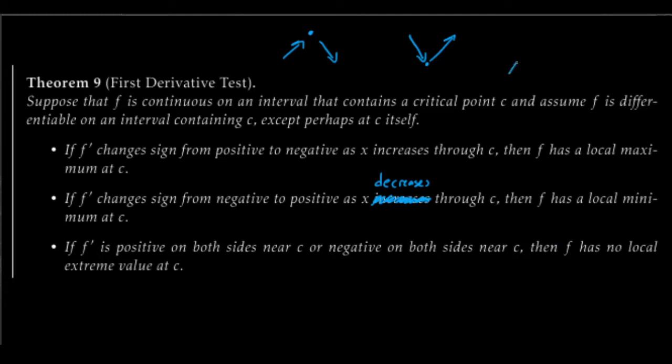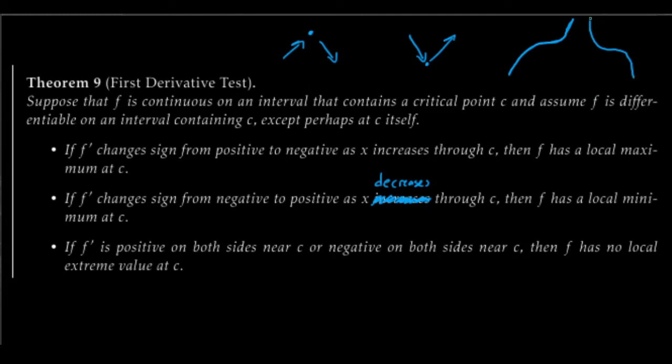I'm increasing. I stop, and now I'm increasing again. Increasing, and then I flip it around. So something like this, or conversely, I could be decreasing, stop, and then keep decreasing.